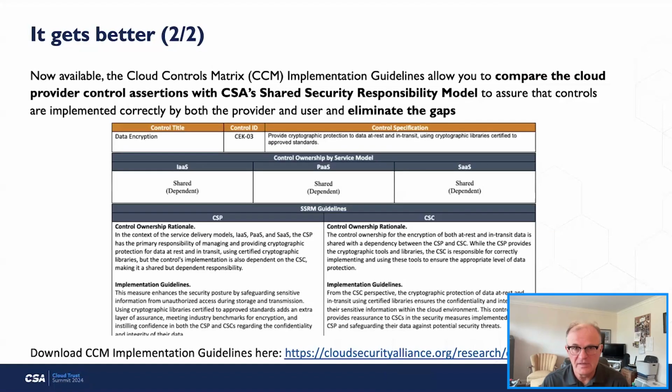But something we've released only this week is this very detailed CCM implementation guideline, a voluminous document of the shared security responsibility model. And this is the same control that was shown in that previous CAIQ assessment document, which shows here's what you should expect for this control.